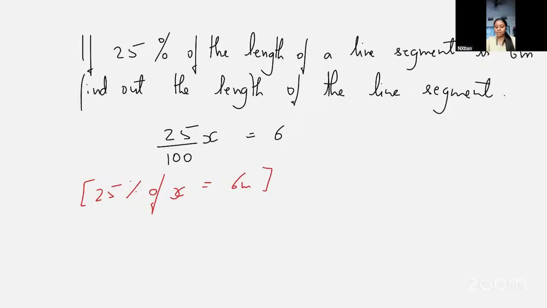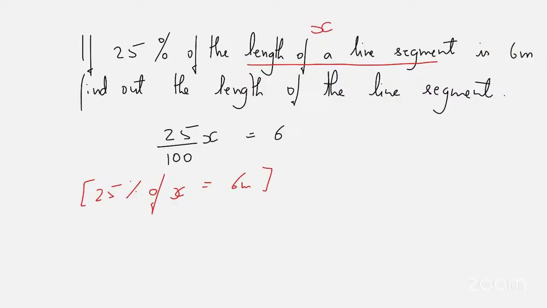The length of a line segment, I have assumed it as x, and 25% of x is equals to 6 meters. So I can write it as 25x upon 100 is equals to 6. Now we will solve for x.